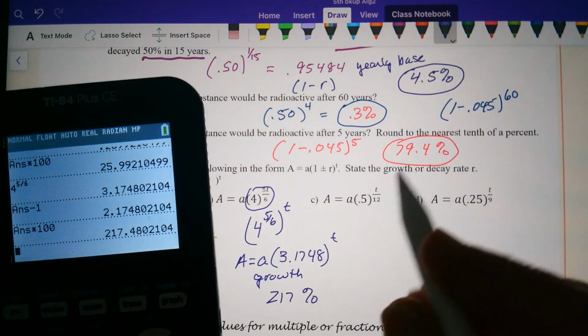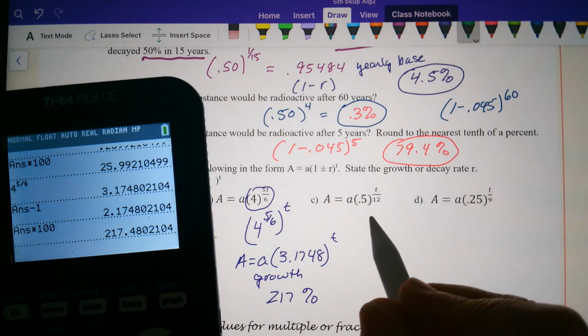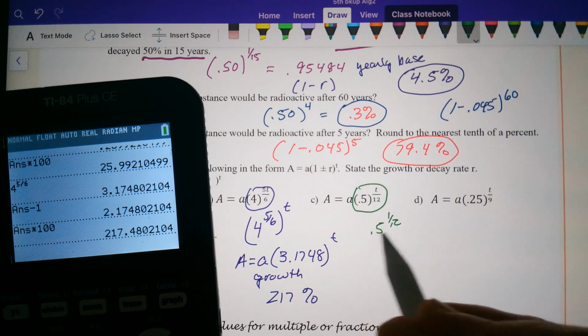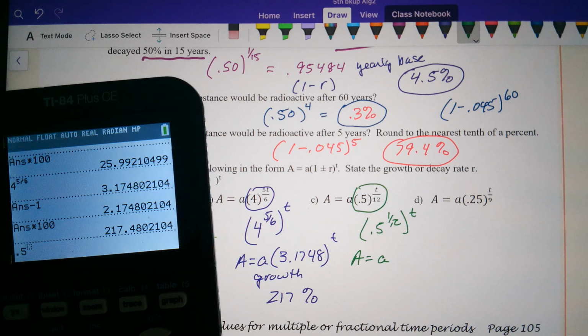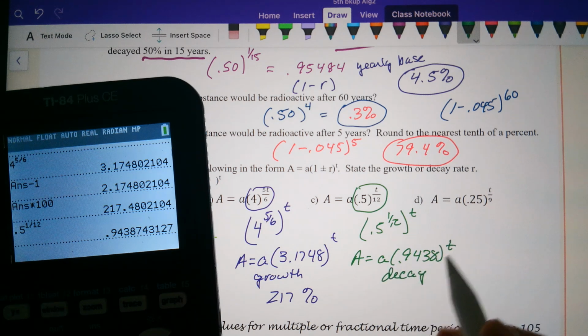And try the last two on your own if you want, and then check. This is decay, because our base here is less than 1.